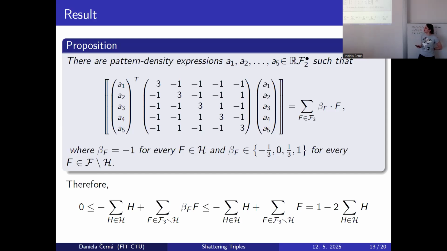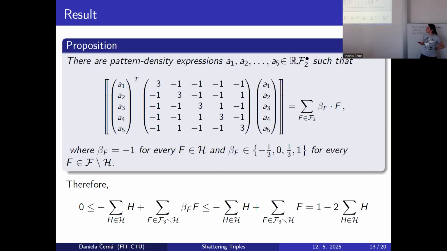And so I have something that is non-negative, and it is equal to minus the sum of h over the patterns I want to see, plus beta f times f from the rest, and beta f is at most 1. And now I just use the equation I told you at the beginning, that if you forget about these beta f's and put 1 in here, the sum will be 1.